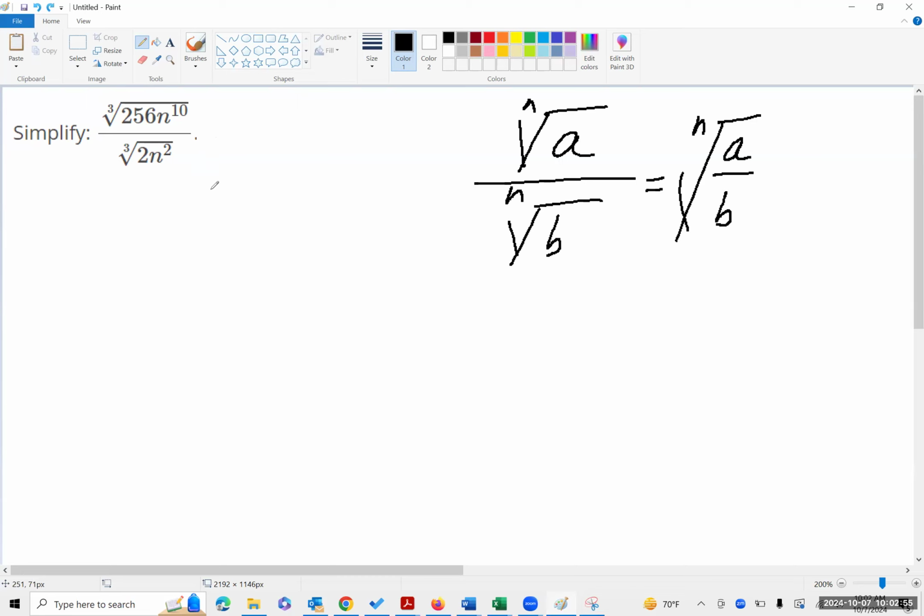So this is going to become the cube root of 256 over n to the 10th over 2n squared.